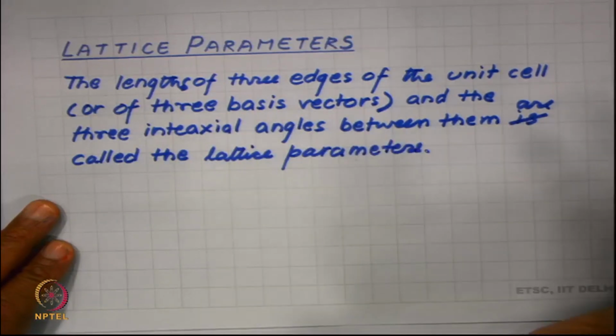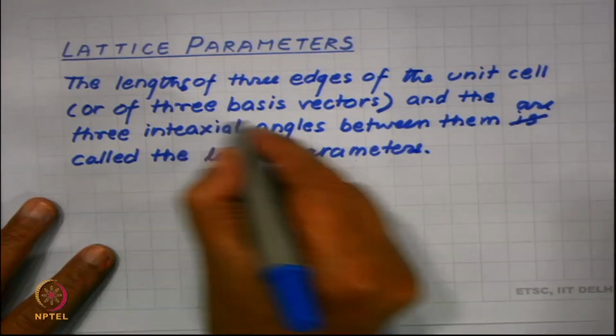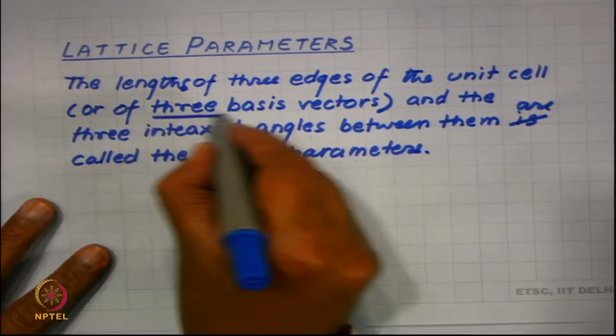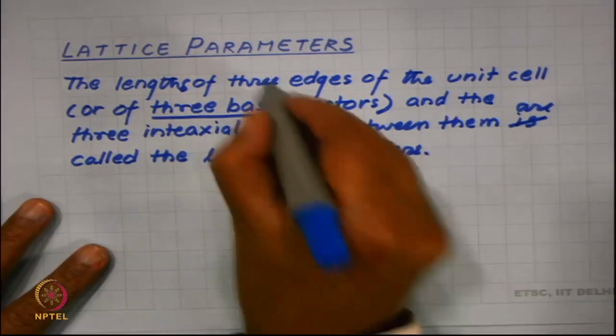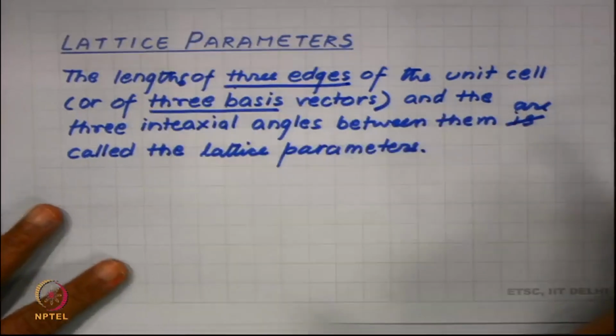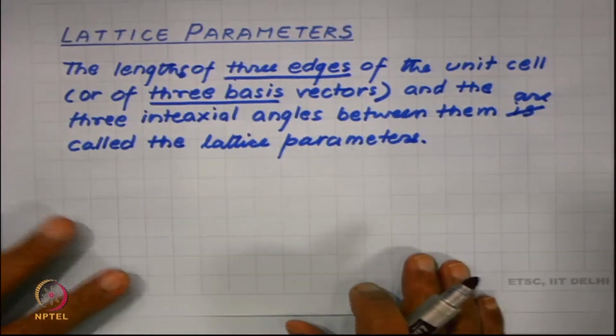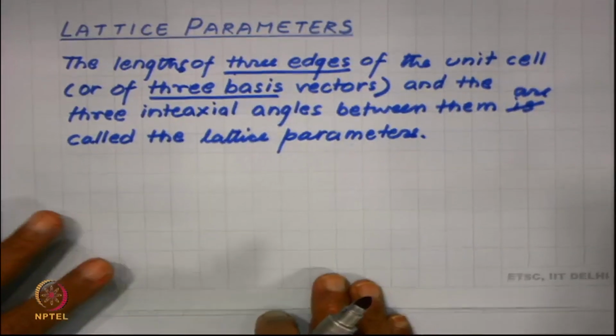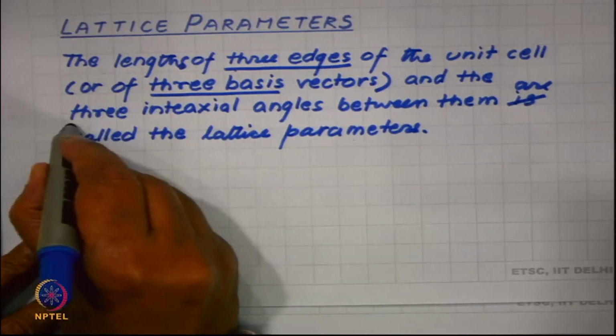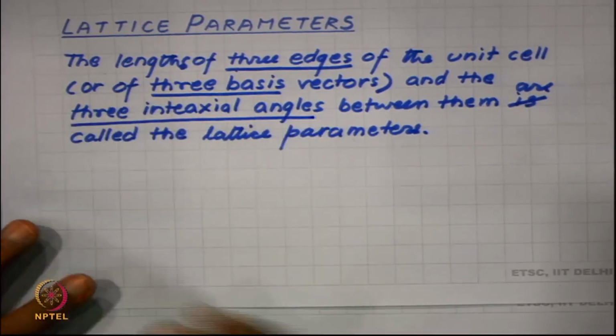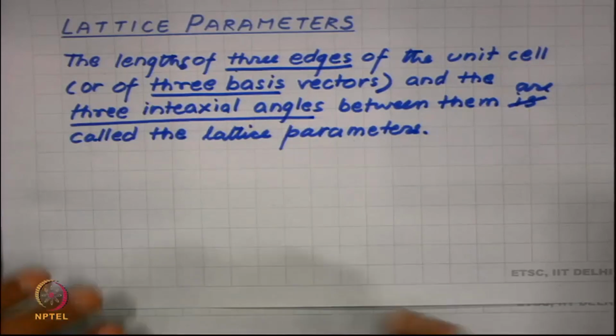Now, I am talking in 3D. That is why we are talking of 3 basis vectors, 3 edges and so on. Of course, in 2D there will be 2 basis vectors and 2 edges, and there will only be one angle: 3 interaxial angles in 3D, one angle in 2D.